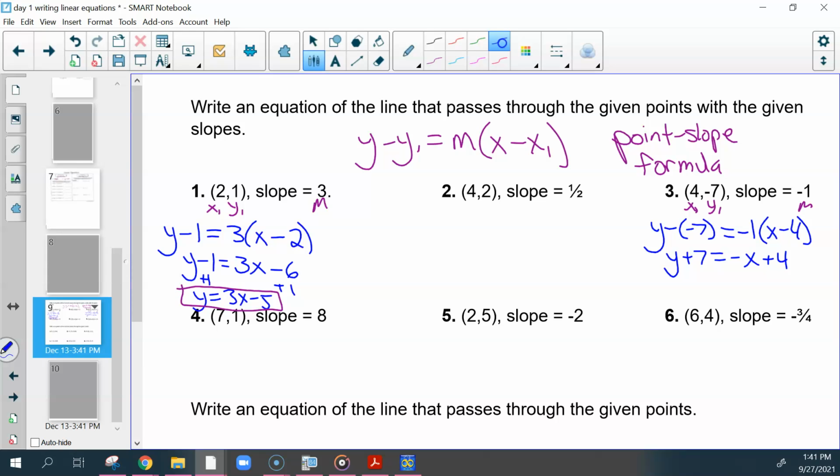And then I'm going to move 7 over by subtracting. So y equals -x minus 3. The negative and the minus came together to make a plus. It's like 2 negatives always make a positive. Same.